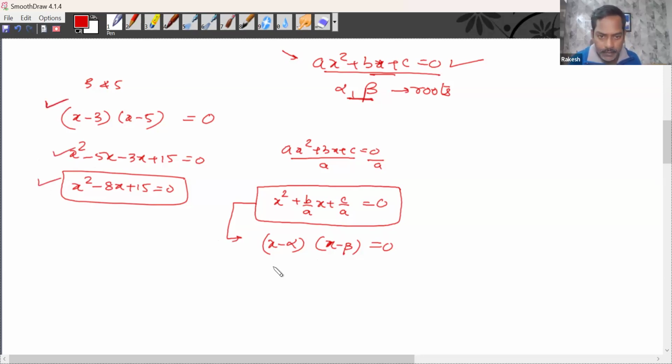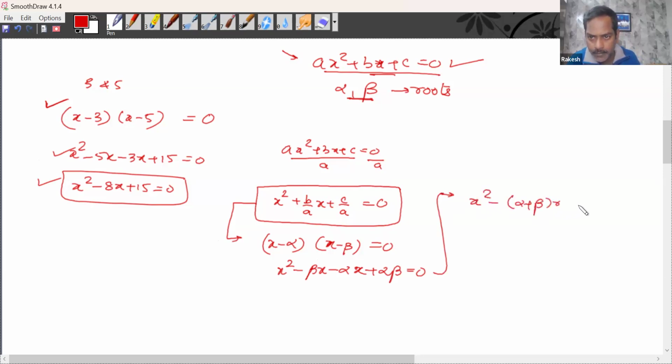Now let us open it. So x into x will make it x square minus beta x minus alpha x plus alpha beta. This is equal to 0. Further, I'm writing it here. It is x square minus, I'm collecting the like terms and writing it like this, alpha plus beta x plus alpha beta equal to 0.